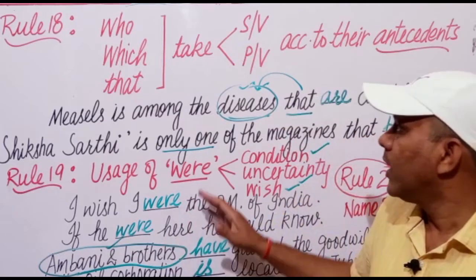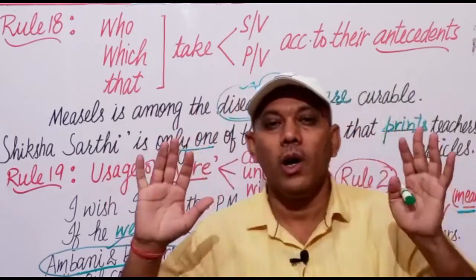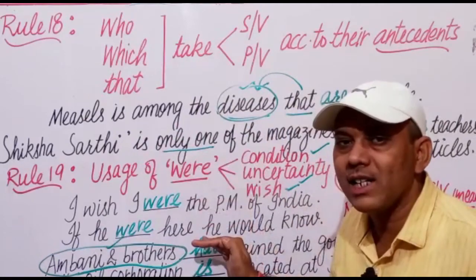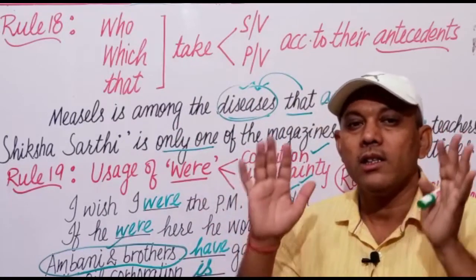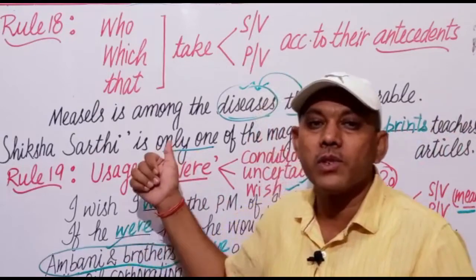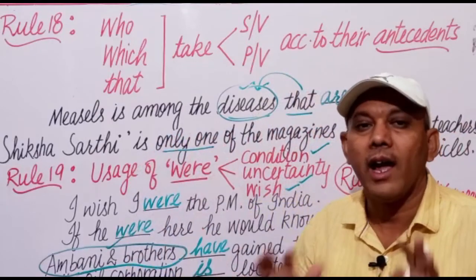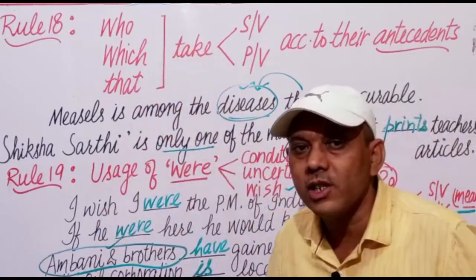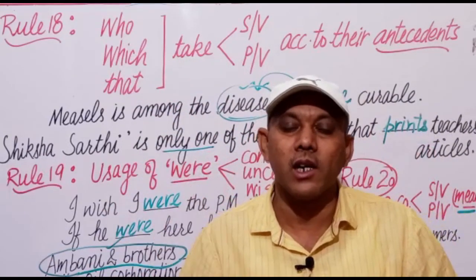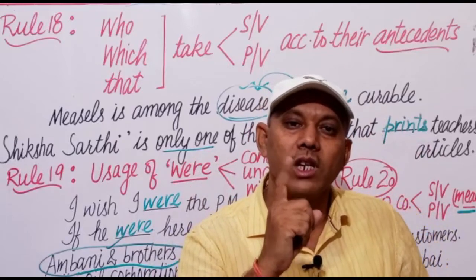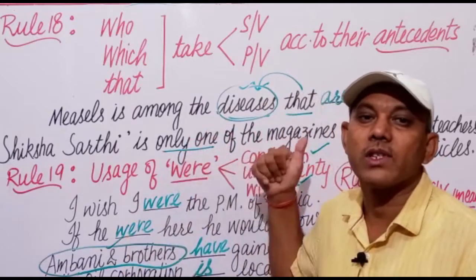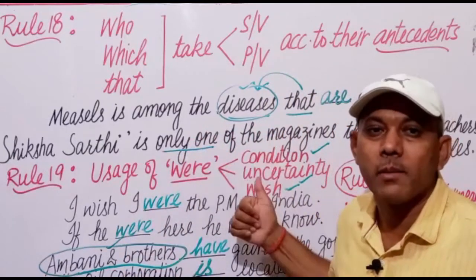In this way, if you learn all the rules of subject verb agreement, if you go through all the videos of Concord in English grammar and these 20 rules, you will have a very good command over the usage of verbs in subject verb agreement.